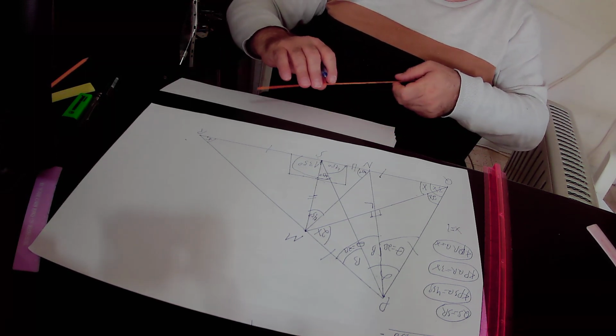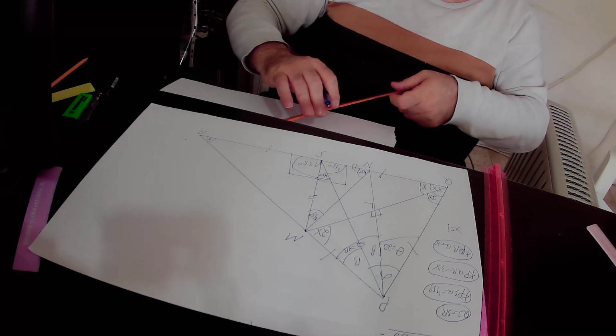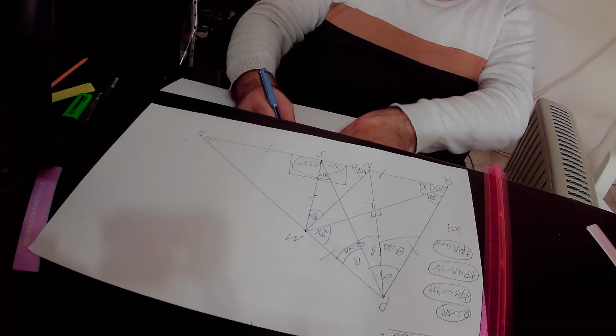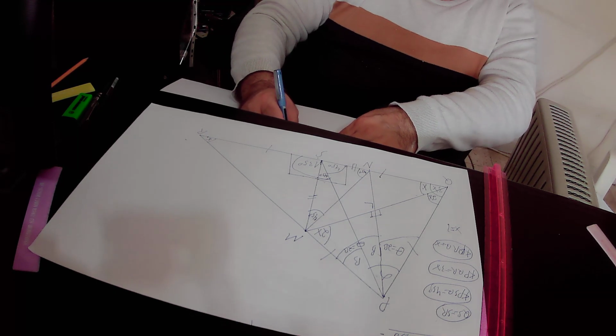So I will draw the two triangles again. We have triangle PQN.